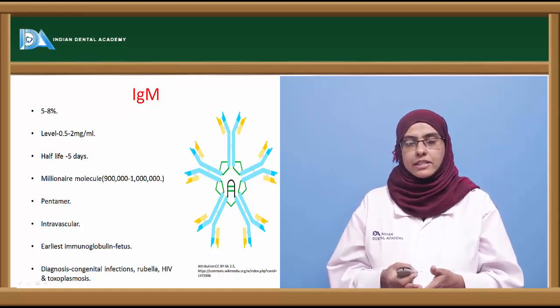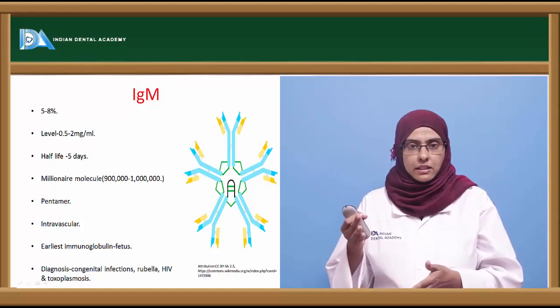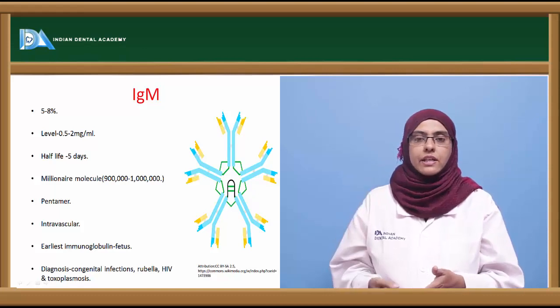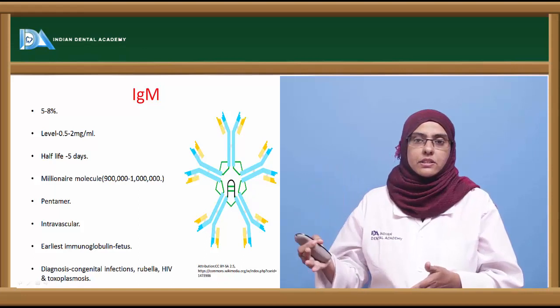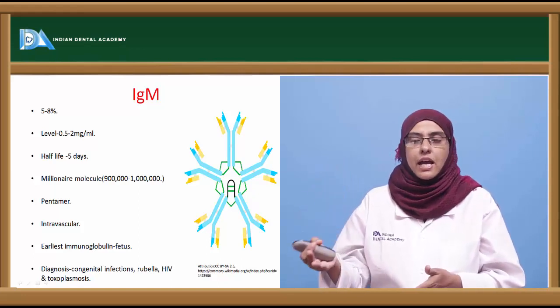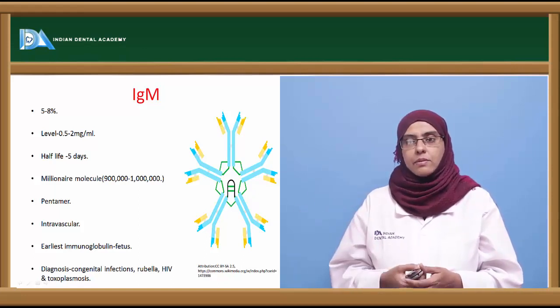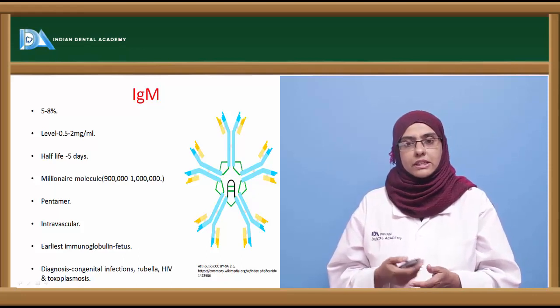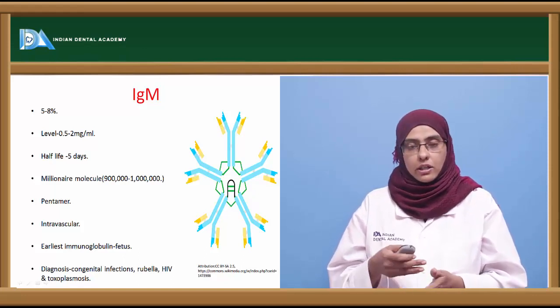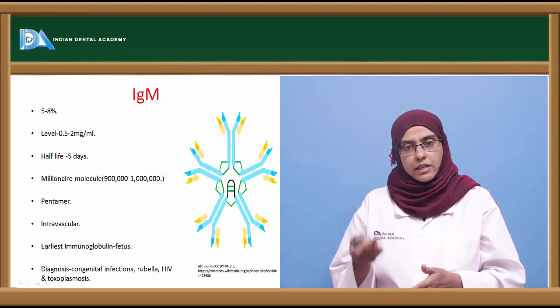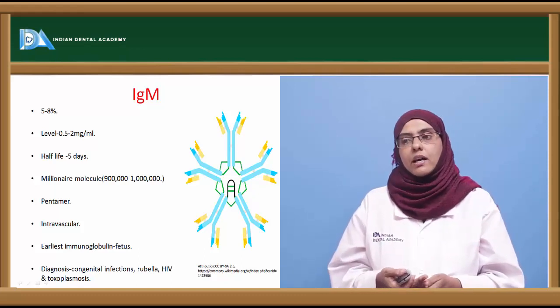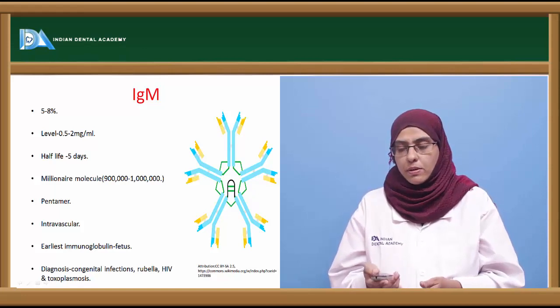So the presence of IgM in the fetus helps us to identify the infections that the fetus or the newborn child is having, and this IgM can be used in the diagnosis of congenital infection, and also helps us to identify rubella, HIV infection and toxoplasmosis.